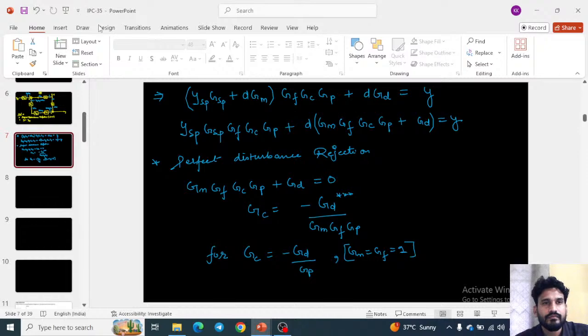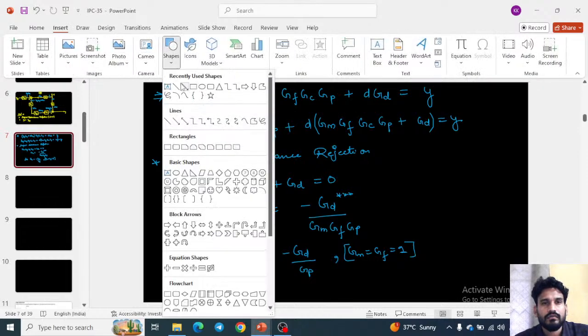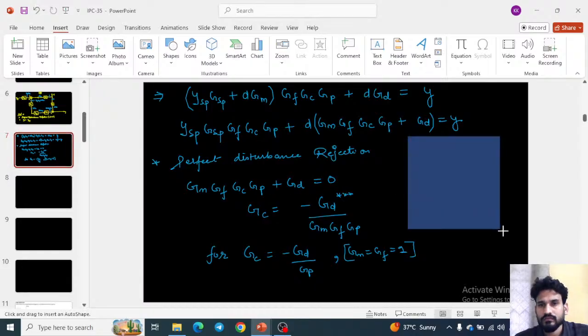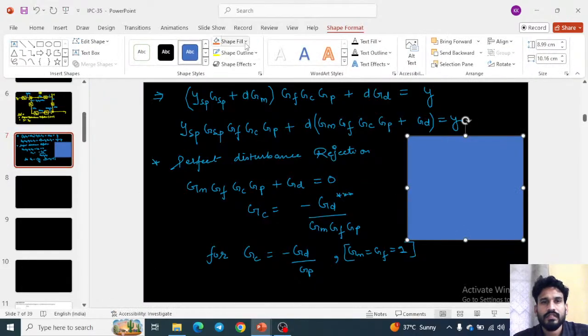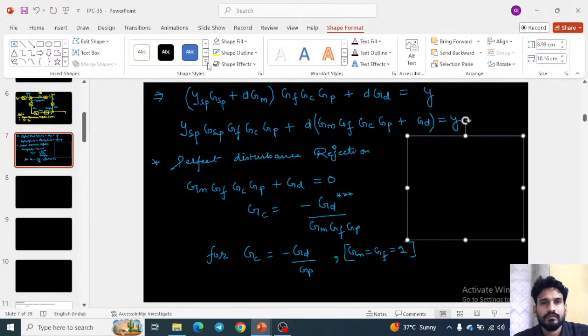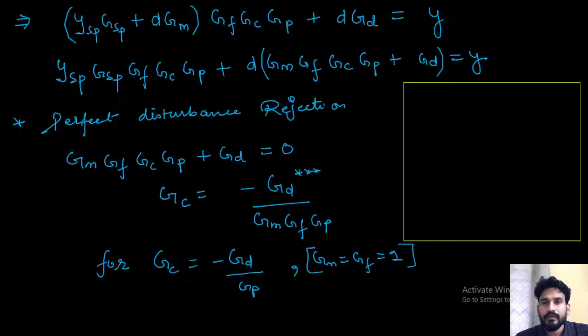Okay, so let's solve this. Yeah, my GSP is equal to 1 divided by GF, GP, GC.